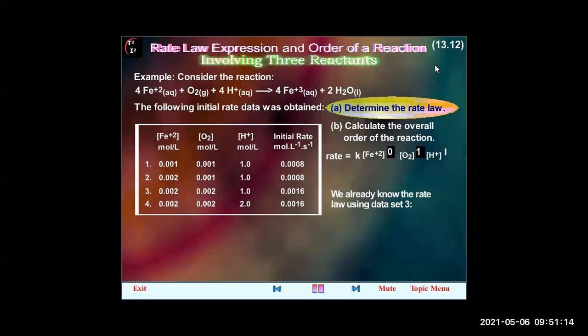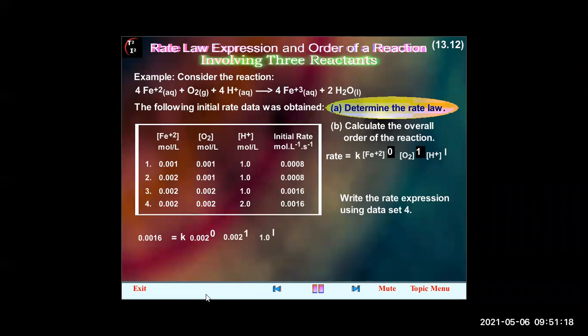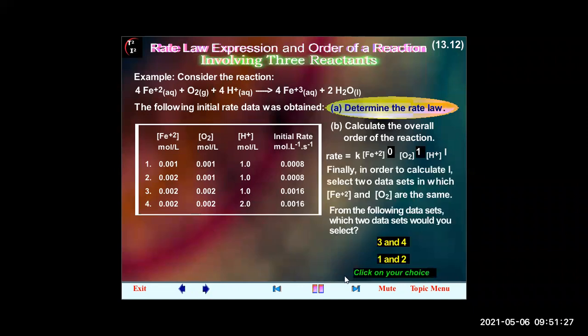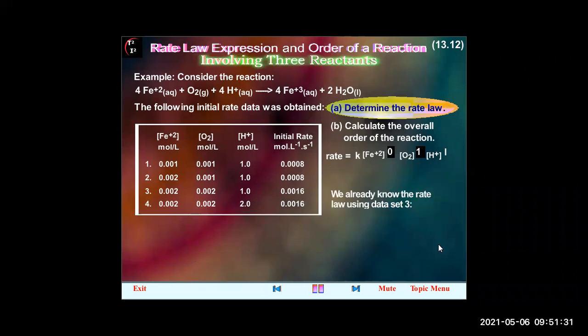We already know the rate law using data set 3. Write the rate expression using data set 4. Thus, L is. The simplest is to select 3 and 4. We already know the rate law using data set 3.